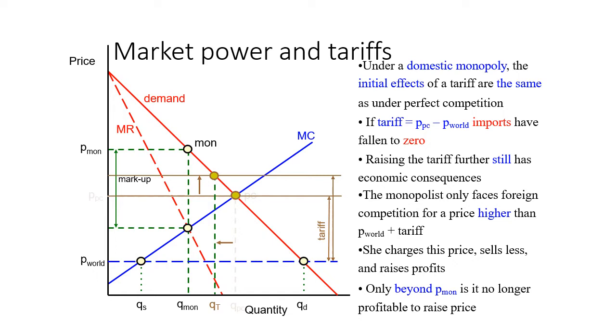Because under that scenario, as the tariff increases and, when added to the world price, becomes closer and closer towards the monopoly price, more and more profits are being made by the monopoly.